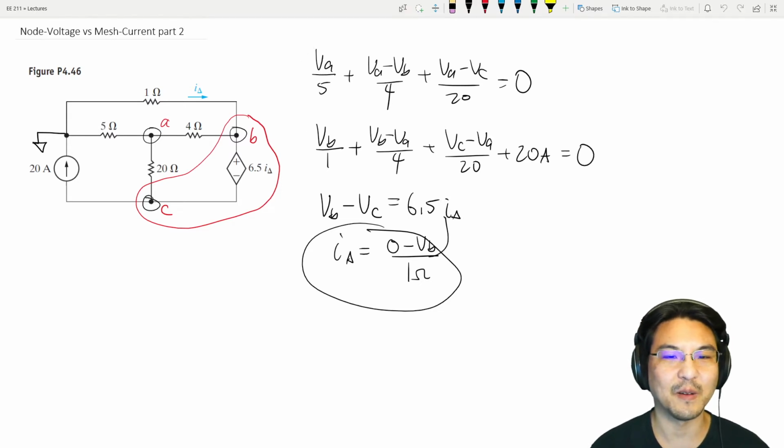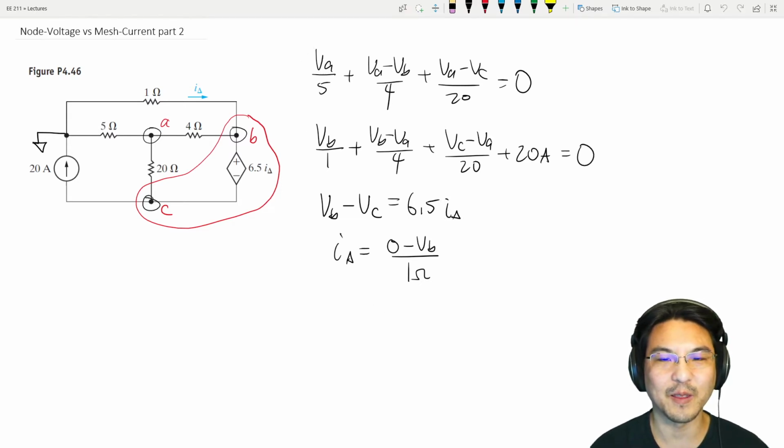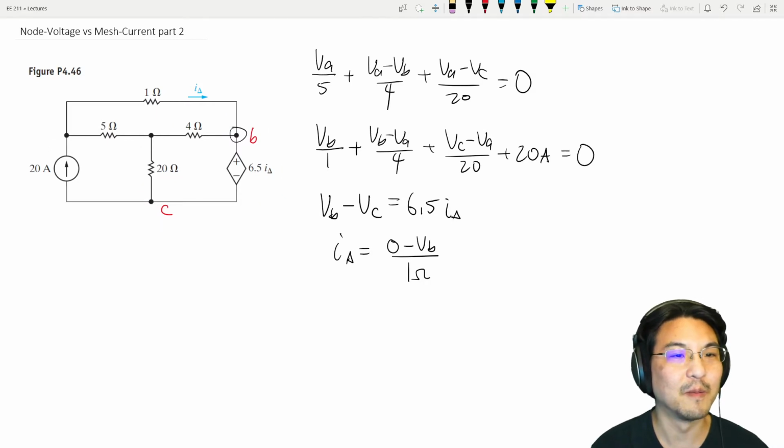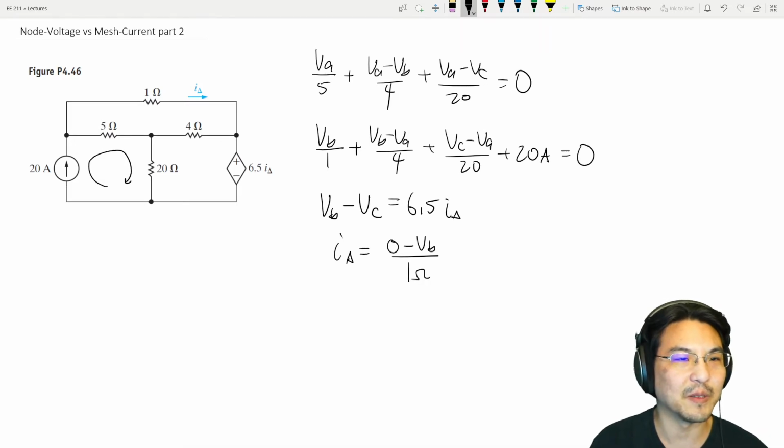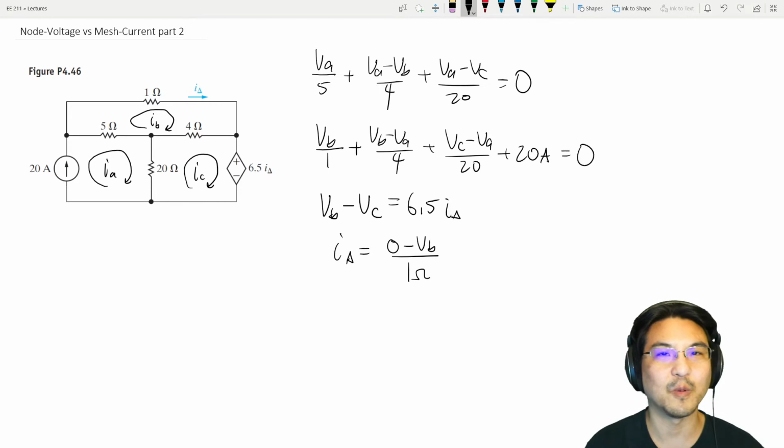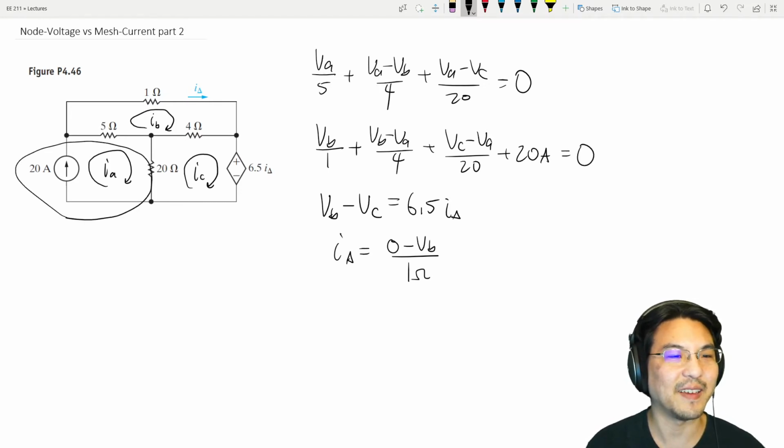Now say we want to try the mesh current method. We got three meshes. Let's say we go this way. Okay, I'll label them. What I was trying to point out earlier was, look, mesh current IA is 20 amps.